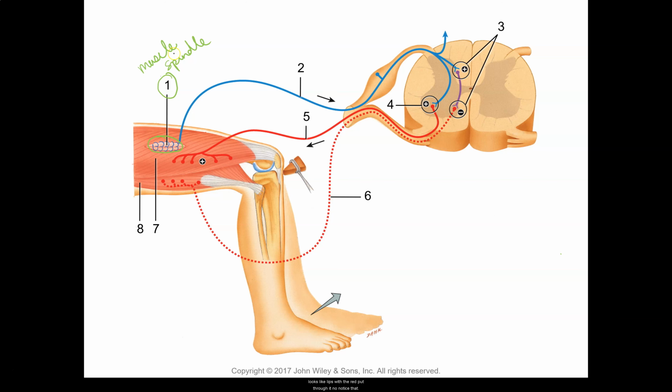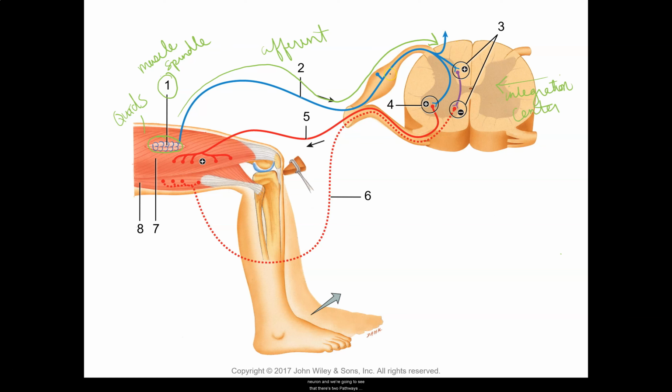Now, notice that the muscle spindle is in the quadricep muscle for this example. So this is the primary muscle that we are focusing on. So the muscle spindle detects stretch, and it's going to send sensory input down the sensory neuron or afferent neuron to the gray matter of the spinal cord. So this is going to be the integration center.